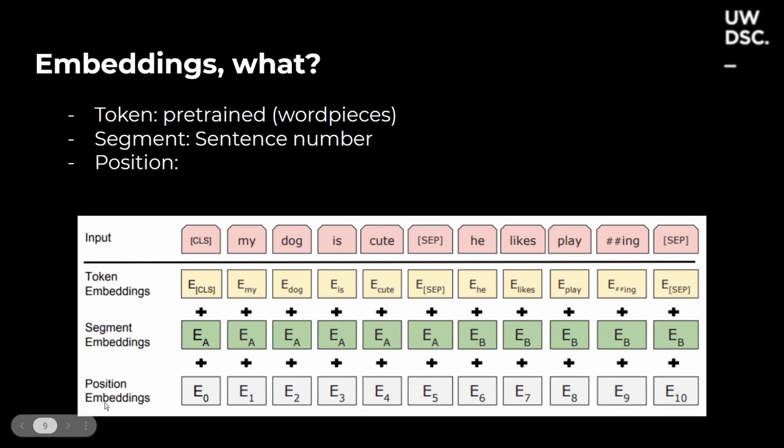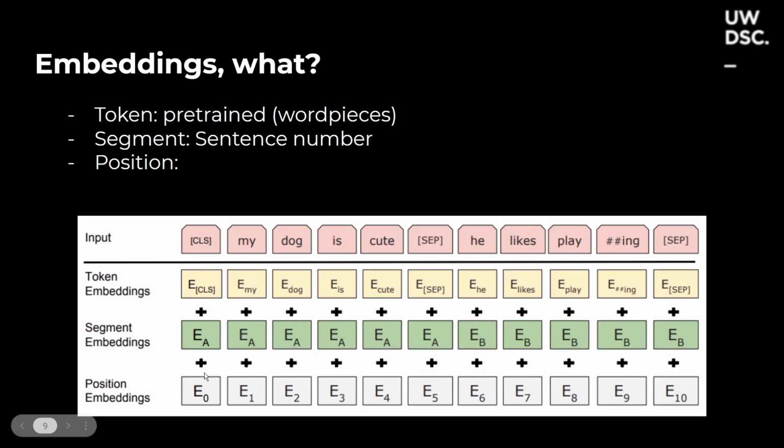We are also using positional embeddings. This is different from the transformer positional encoding because in transformers, the positional encoding is not trained, so it does not evolve over time, but this one does. You can imagine it as a lookup table.